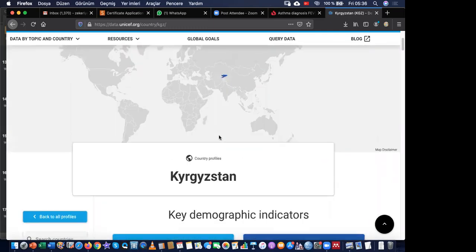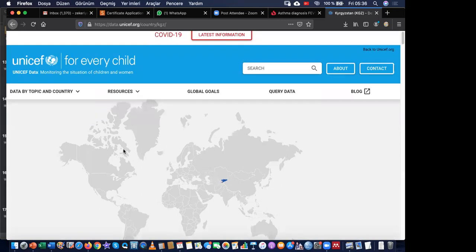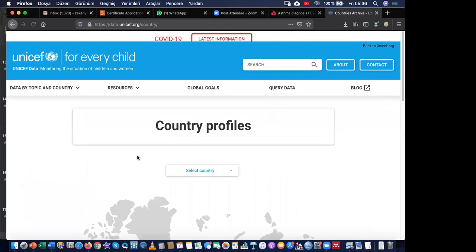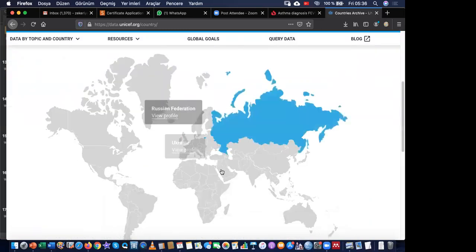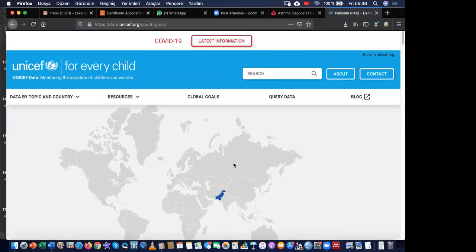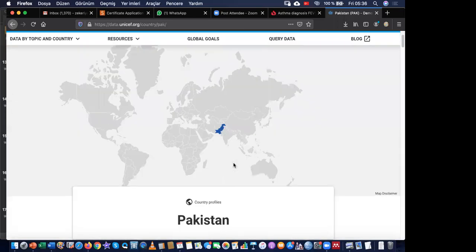Okay, let us select another country. Go back to country profiles. Which country would you like to select? Pakistan. Here is Pakistan. What do you think will be the neonatal mortality rate in Pakistan?